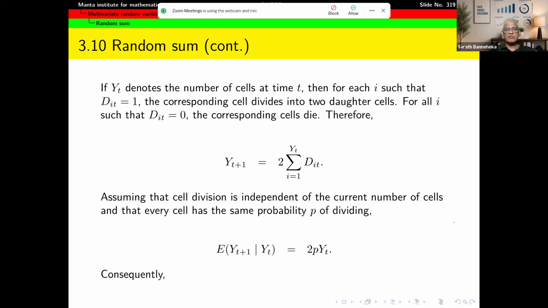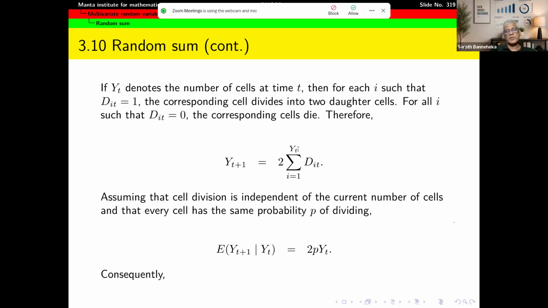Then the expected value of Y_{t+1} given Y_t is equal to the expected value of this quantity given Y_t. In that case, for a given Y_t, this Y_t can be considered as a fixed value. So we will be looking at the expected value of this quantity, considering Y_t as a fixed value.